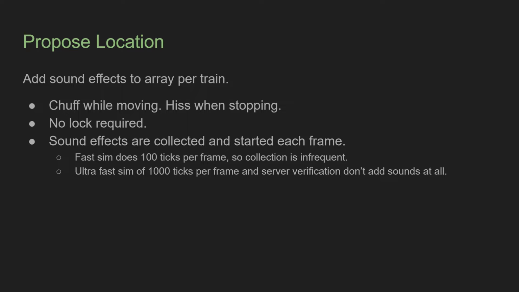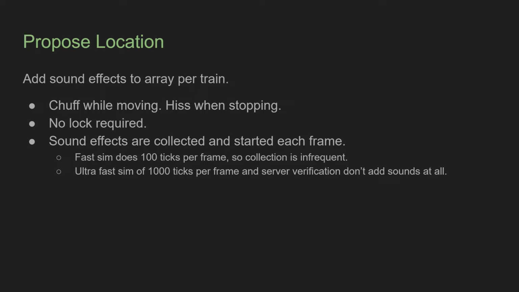Since each train has a separate array, no lock is required to modify these arrays. Also, the sound effects are added to in the simulation, but they're not removed by the simulation. Rather, before every frame is rendered, the set of sound effects that were generated is collected and processed.